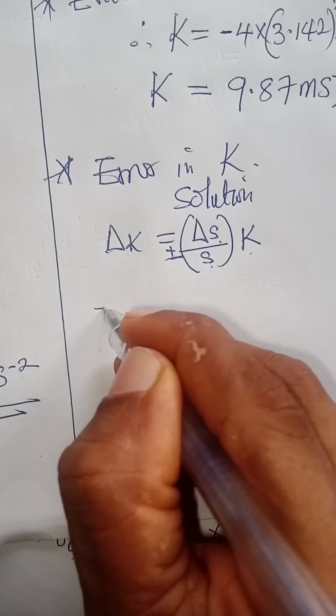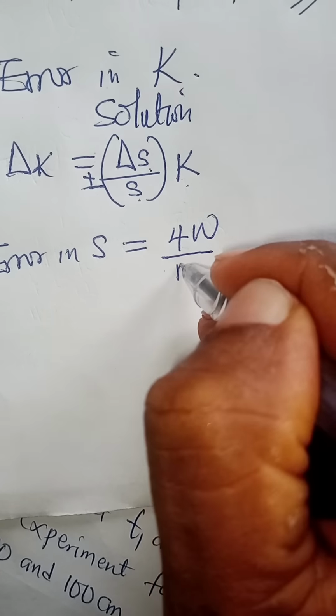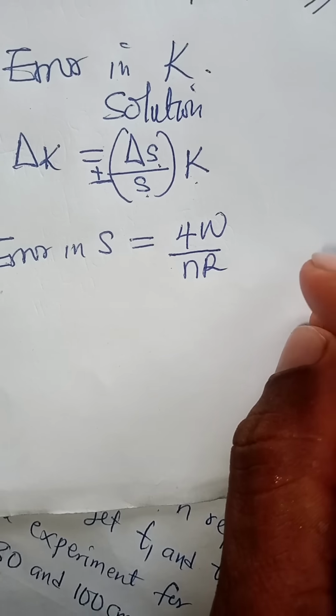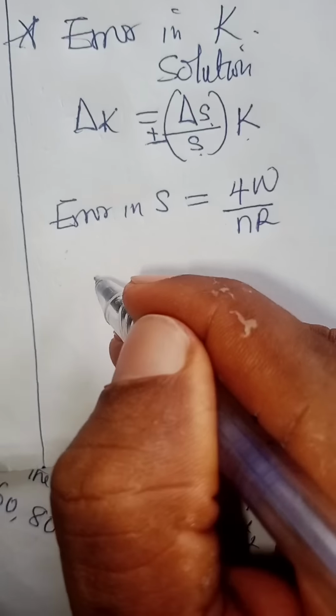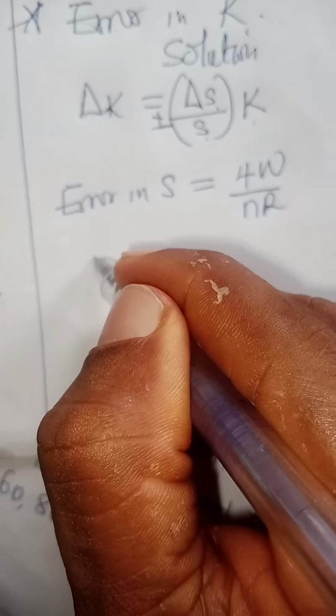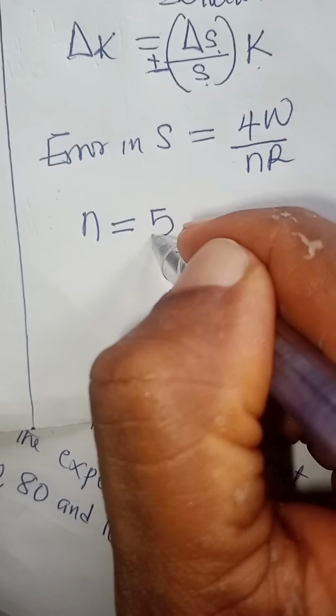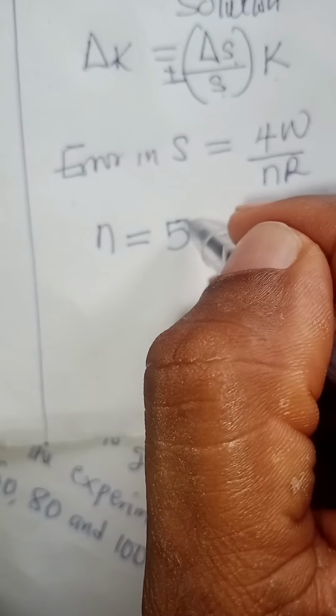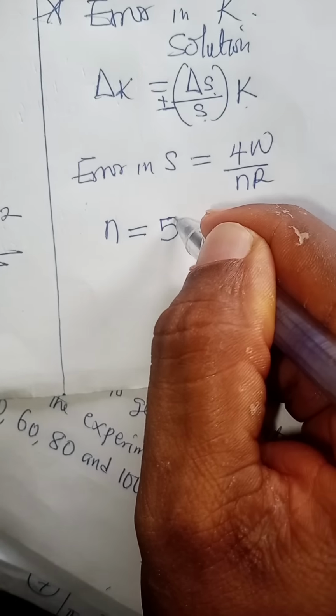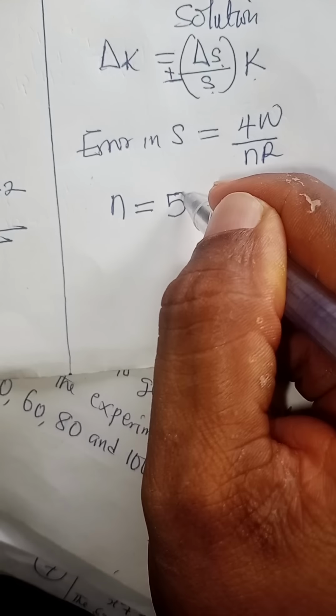We know that error in S is equal to 4W over NR. In this case, my N is equal to 5, which is the number of plotted points, okay?